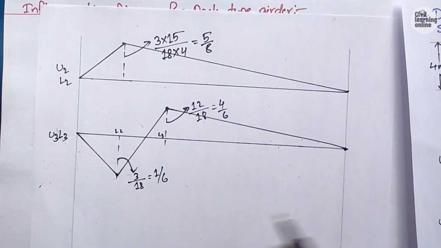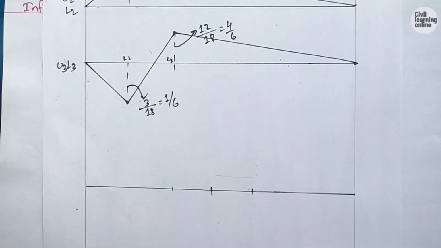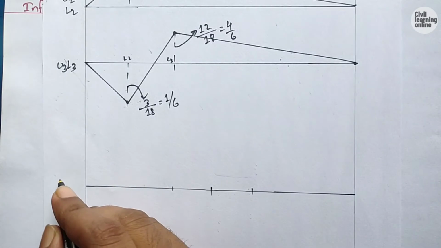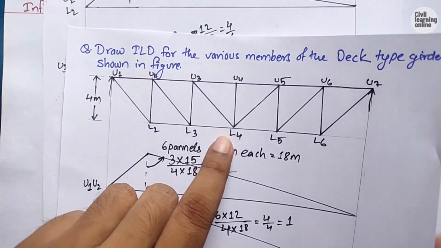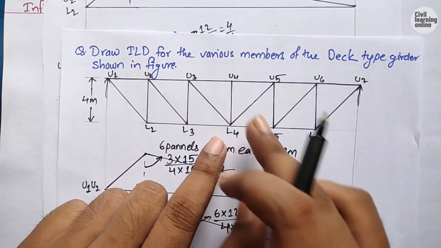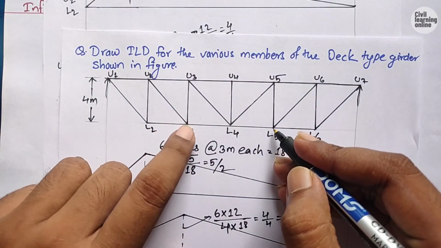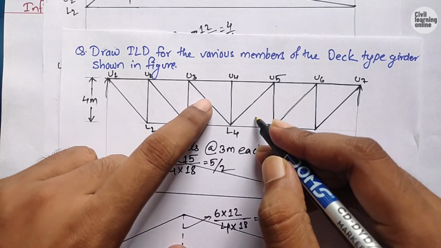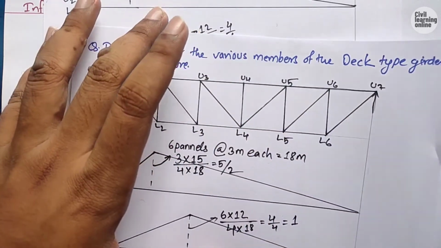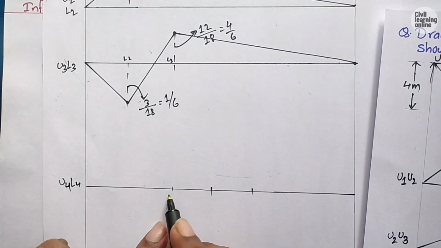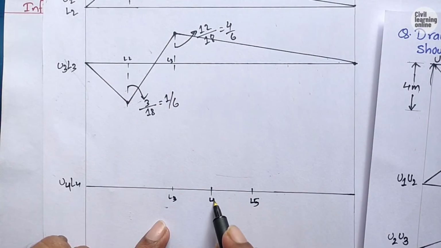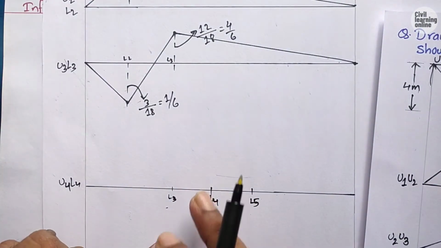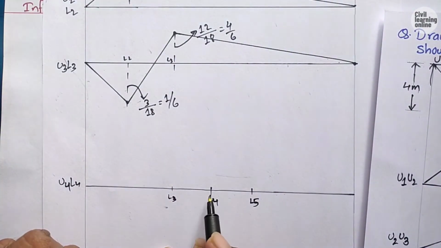Similarly we will draw the influence line diagram for the vertical member U4 L4. So here while drawing the influence line diagram for U4 L4, what happens, see here, this is our vertical member U4 L4 and the influence line diagram will be from node L3 L5 and up to here L4. So I have already marked a point here. This is our L3 L5 and this is L4, means our peak or the apex of the influence line diagram will be along the node L4.